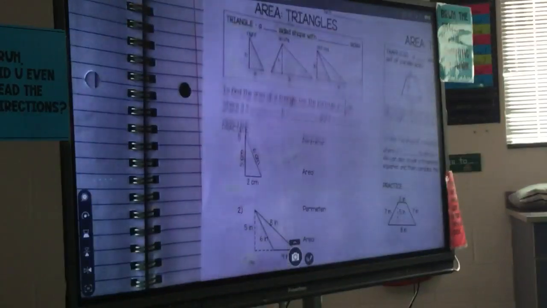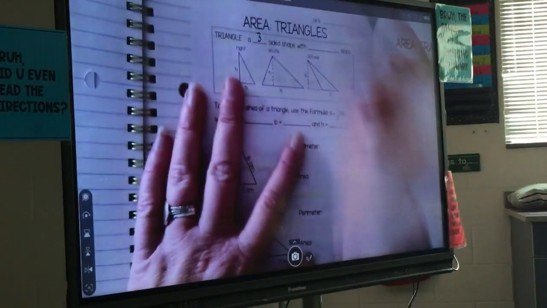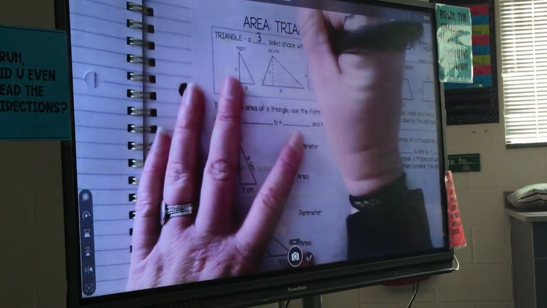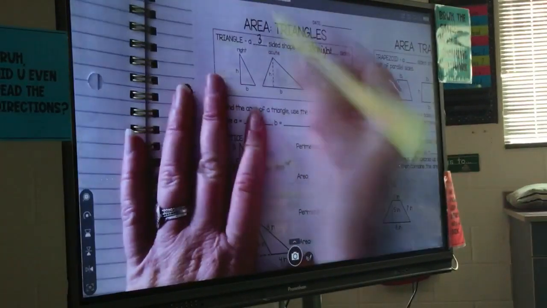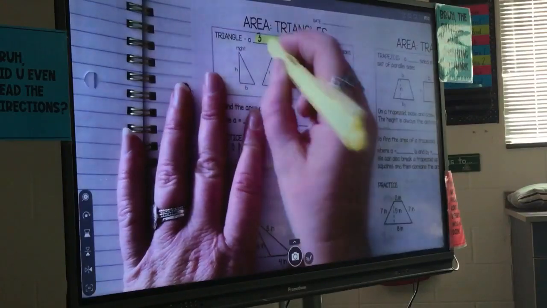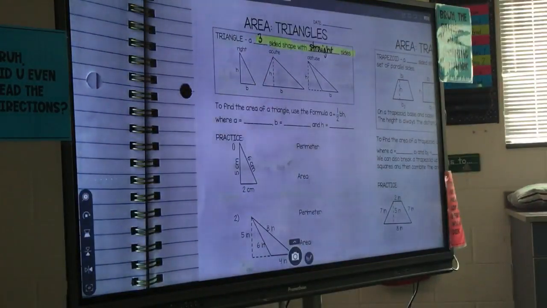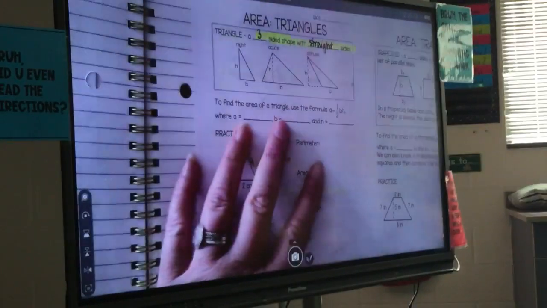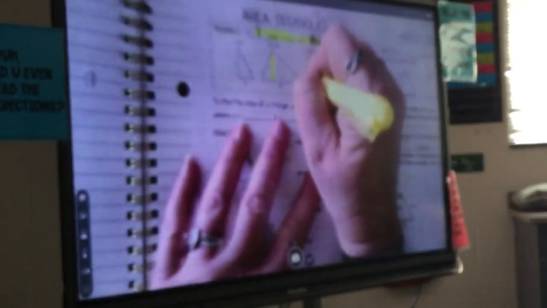All right, so a triangle is a 3-sided shape with straight sides. And these are the different types of triangles you're going to see. And even in these triangles, what is still your height?